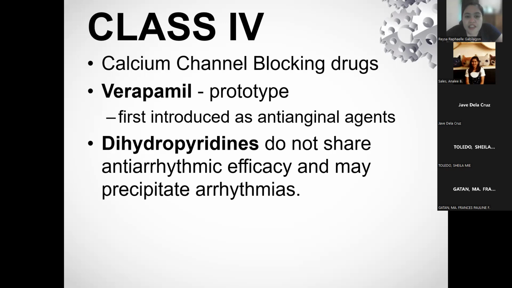Again, the dihydropyridines do not share anti-arrhythmic efficacy because their activity is on the blood vessel. However, they can precipitate arrhythmia. So do not use these for people with arrhythmia because they are not effective. And one of the toxic effects of our dipines is arrhythmia. They also cause arrhythmia.